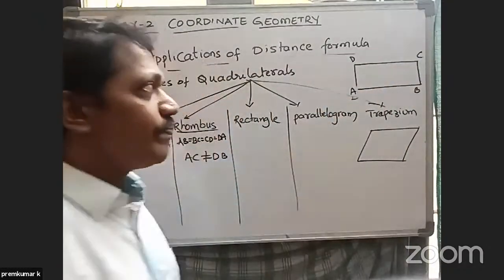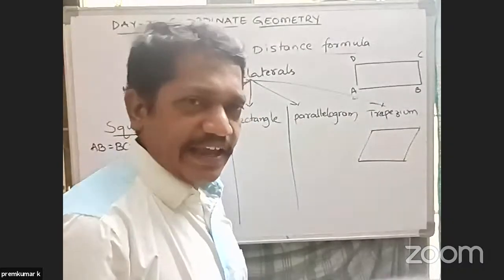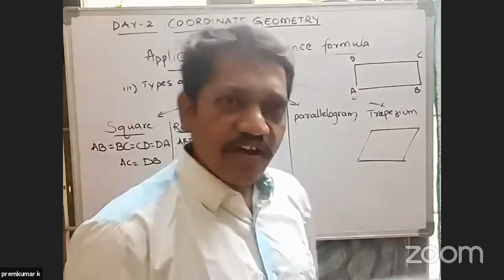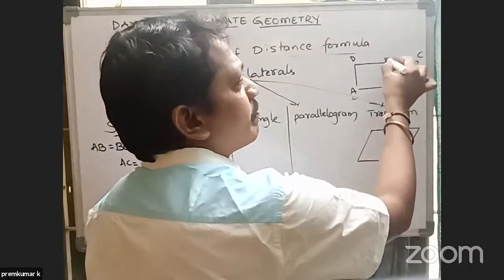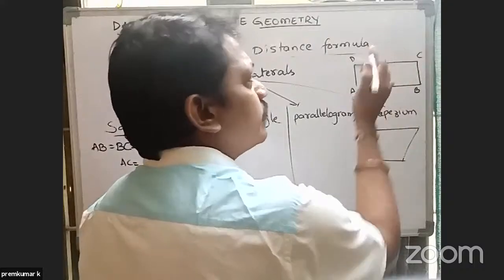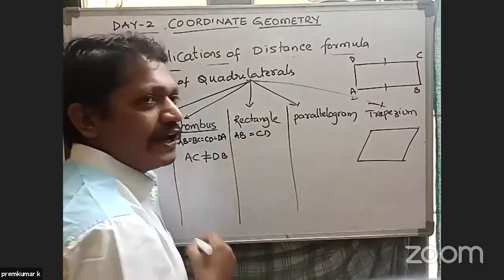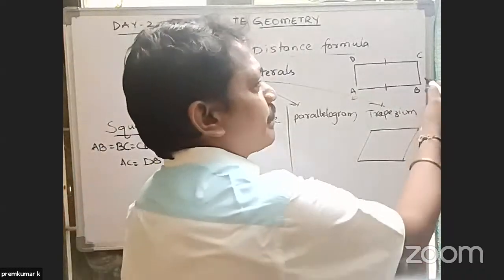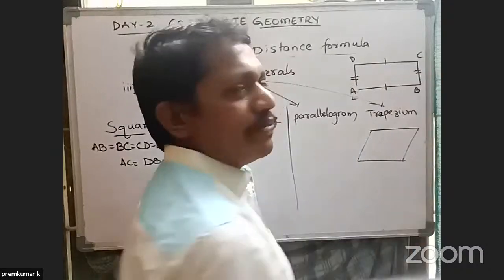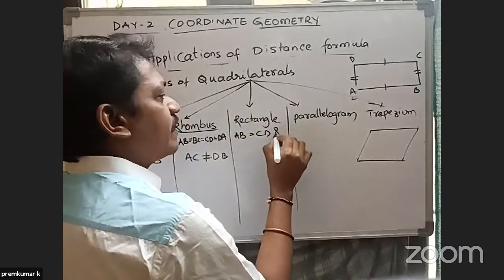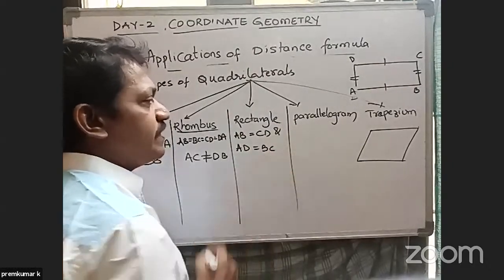Here also, we know the properties of a rectangle. Two pairs of opposite sides are equal. So, this is one pair: AB is equal to CD. And also, AD is equal to BC.